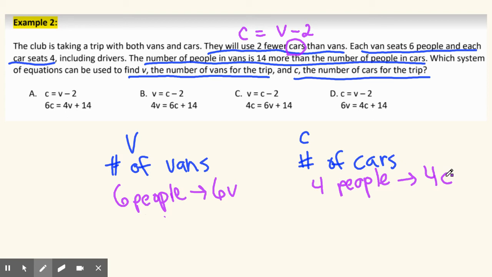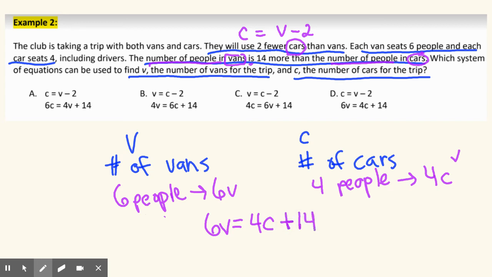All right, our fourth sentence describes the number of people in vans is 14 more than the number of people in cars. Again, we ask what is being described there, and it is describing the vans, but it has the number of people. We know that there are 6 people in each van, so that sets off our equation: 6V is equal to 14 more than the number of people in cars. The number of people in cars is 4C, and 14 more means addition, so plus 14.